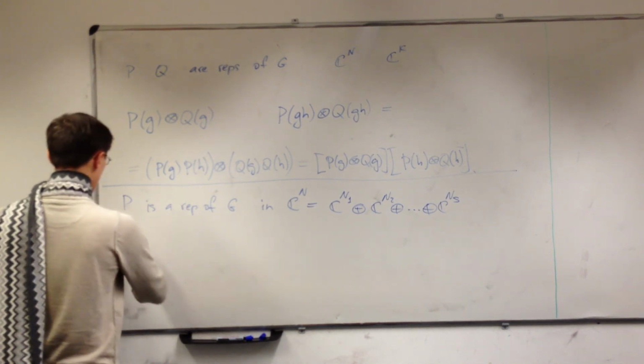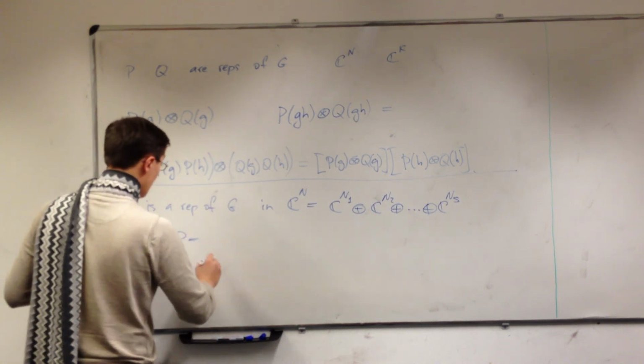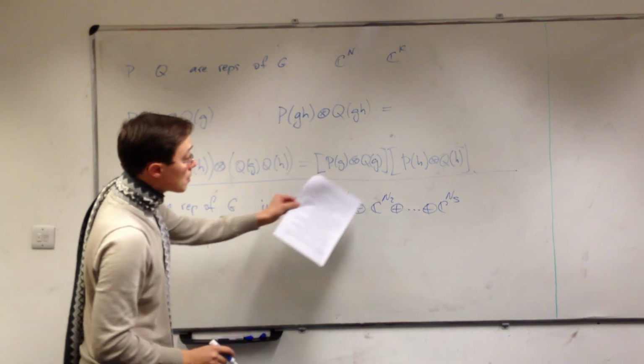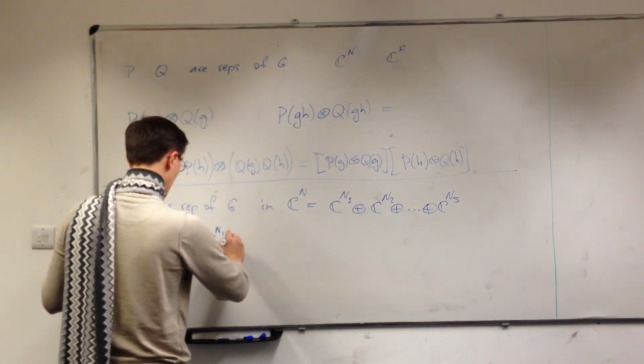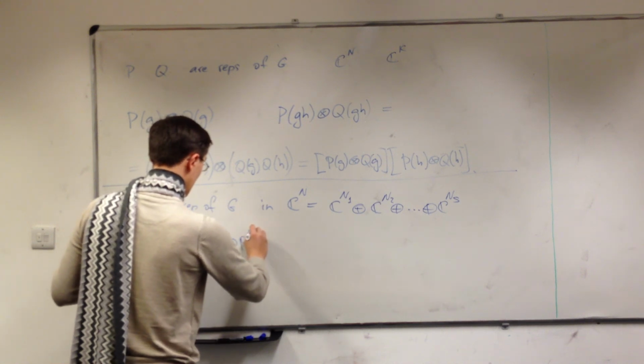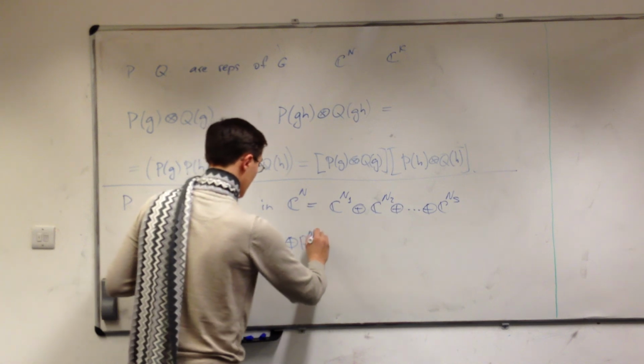then the representation P is a direct sum of the corresponding representations on these subspaces. So it will be Pn1 plus Pn2 plus so on Pns.